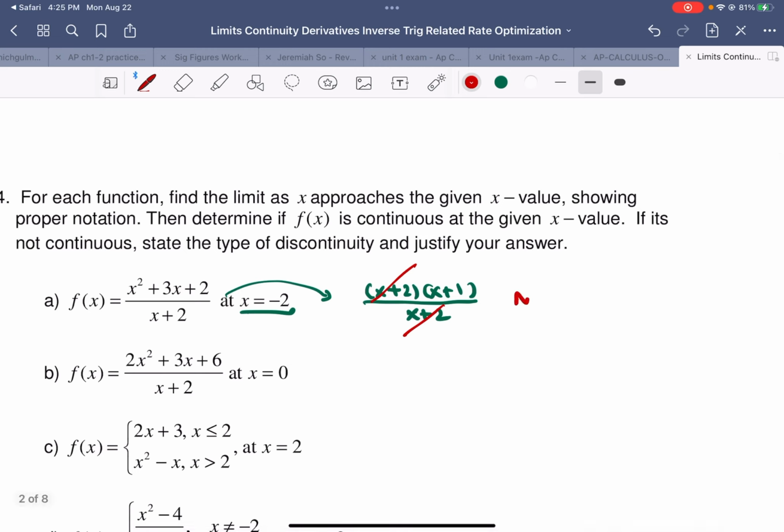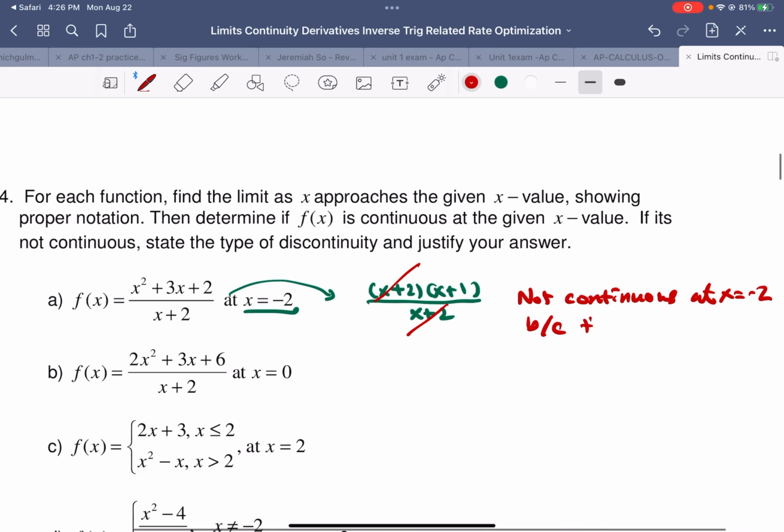So this is not continuous at x equals negative 2 because the graph has a hole at x equals negative 2.